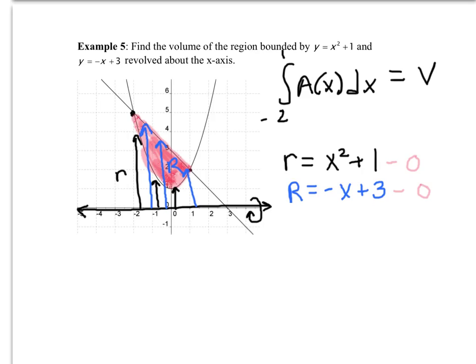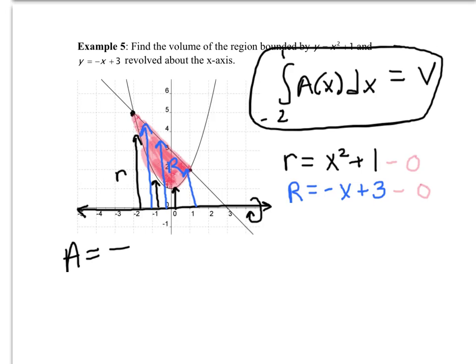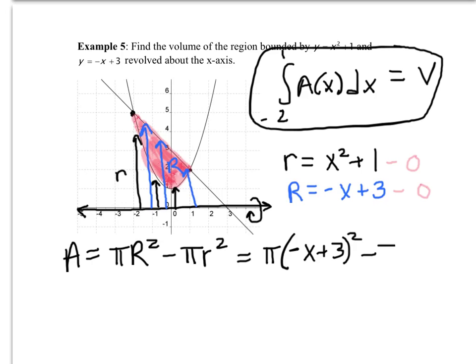So if we go back to the volume equation up here, now that we've determined our two radii, we just need to plug them in. The area of any washer is pi capital R squared minus pi little r squared. So in our case, it's going to be pi times capital R, which is negative x plus 3 quantity squared, minus pi times little r quantity squared.